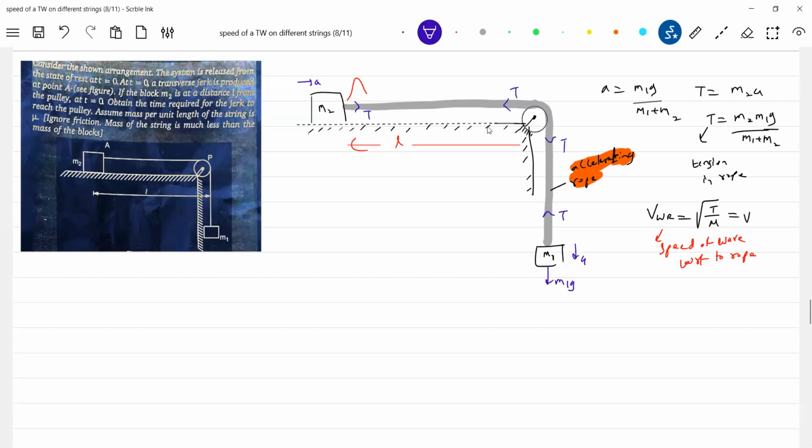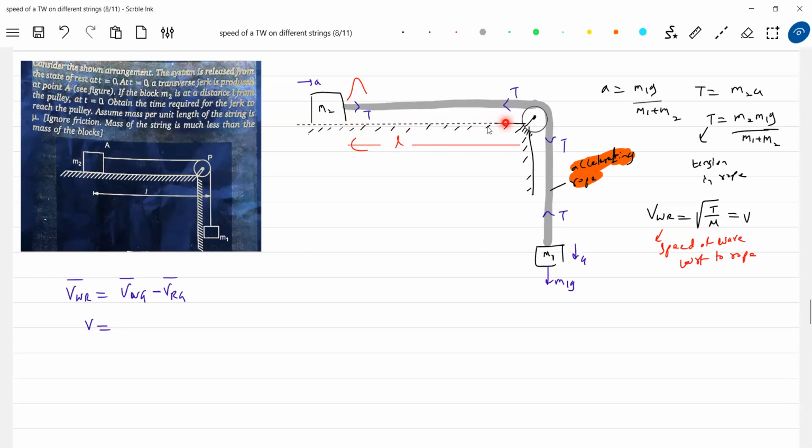Okay, now I'll jump into the mathematics. Velocity of wave with respect to rope equals velocity of wave with respect to ground minus velocity of rope with respect to ground. I think this is okay. Do we know the velocity of the wave with respect to the rope? Yes, that is V. With respect to the ground, how much distance will it cover?